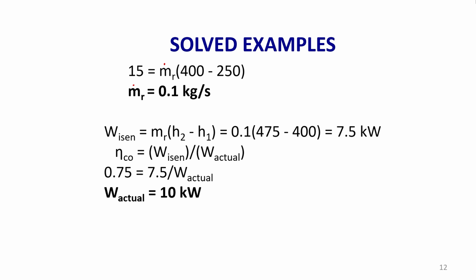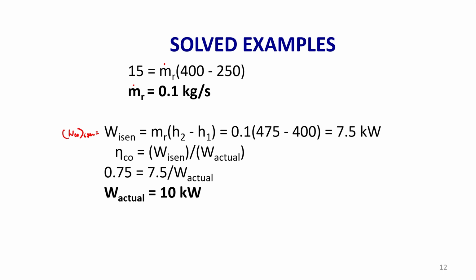Now I am finding the isentropic work done, that is WC naught. This is nothing but work of compression for the isentropic process. Just for your understanding, because the terms used are slightly different, sometimes it will be confusing.